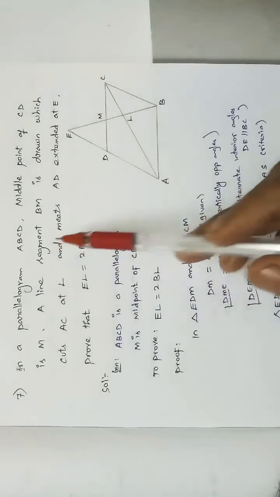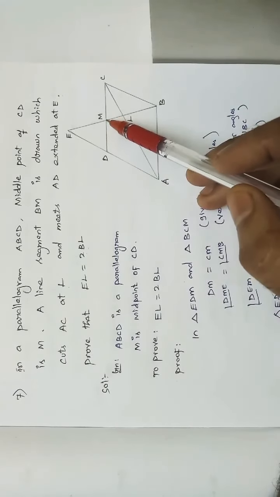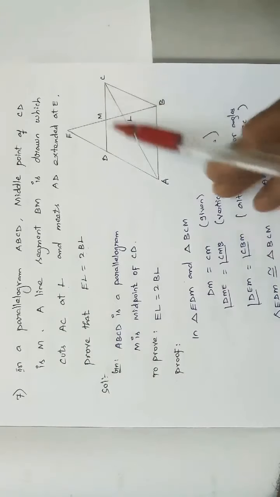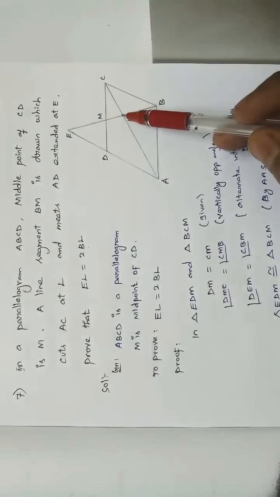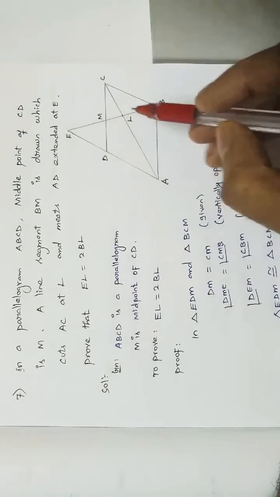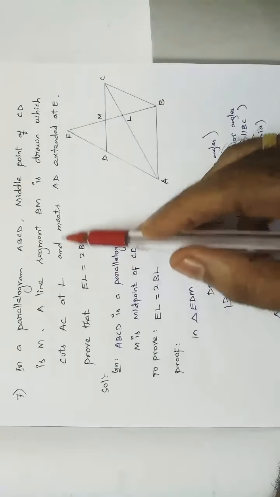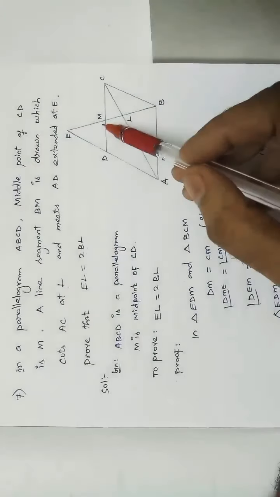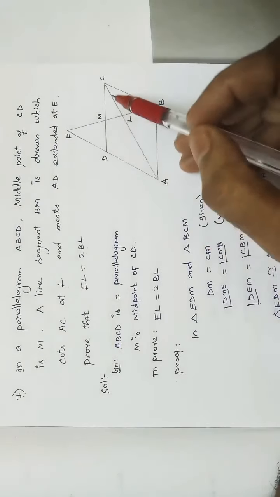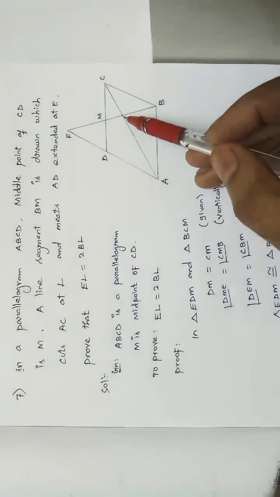A line segment BM, from B I'm joining M, is drawn which cuts AC at L. So we want to draw the line AC also, and the point where BM cuts AC is L. And it meets AD. Which one is meeting AD? That line BM. When we draw the line BM, it cuts the line AC at the point L, right?